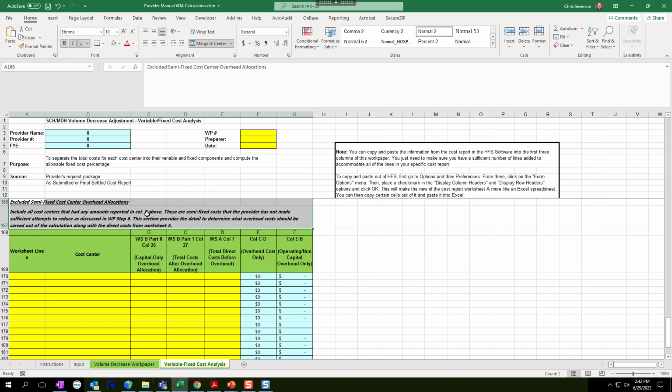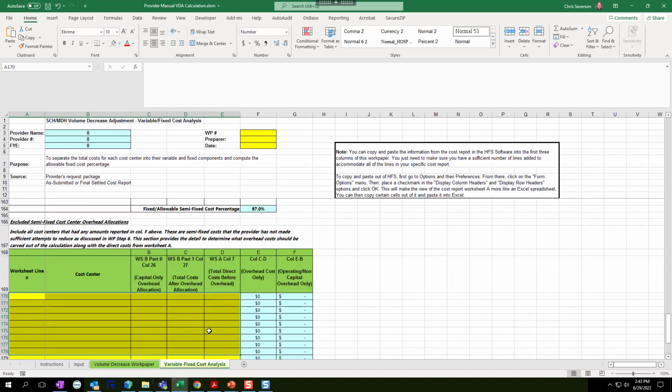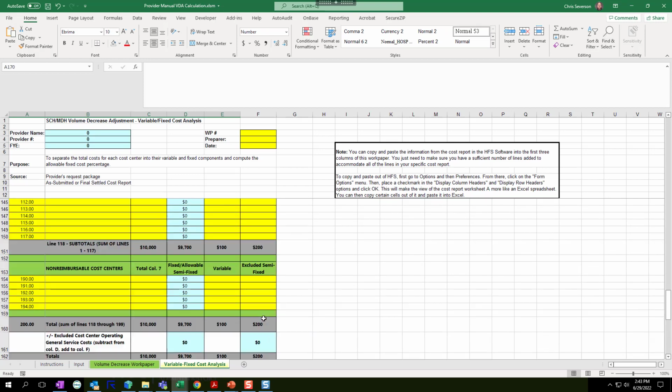Anything that has an amount in column F above, which was the excluded semi-fixed costs, needs to be included here with these corresponding amounts brought in so that it can calculate how much overhead should also be stepped down to that fixed cost, because that would not be considered allowable either. The semi-fixed cost would be excluded as well as any related overhead. So this is basically handling an approximation of a step down for this, just carving that cost out as well.